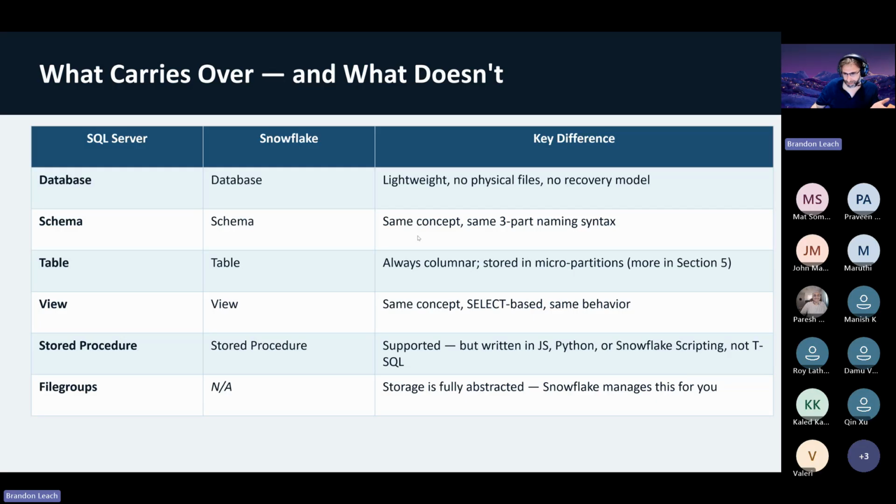So the schema is pretty much the same concept. You can use three-part naming, database, schema, table. In fact, you will find that's even more common in Snowflake than it is in SQL Server. And everything is column store. Nothing is row store for your tables.